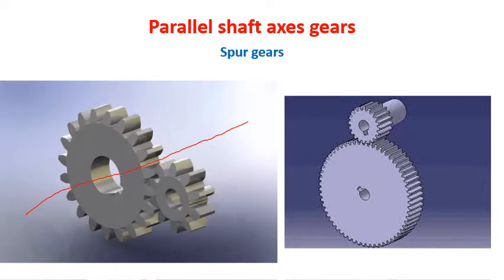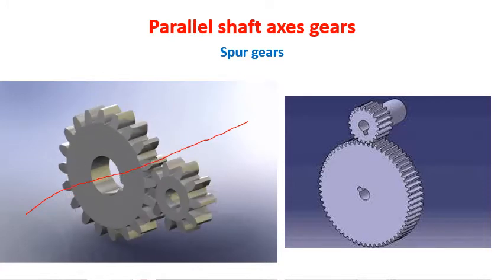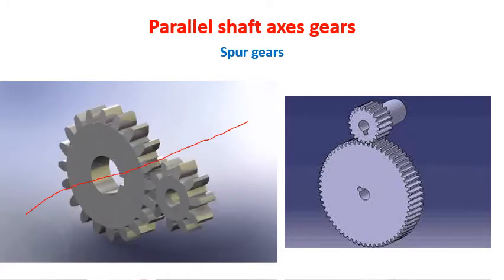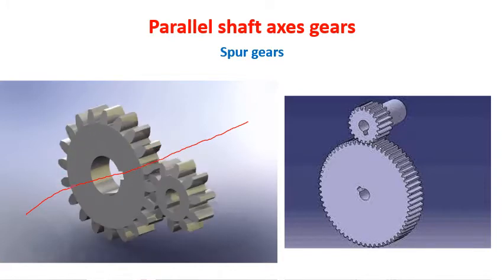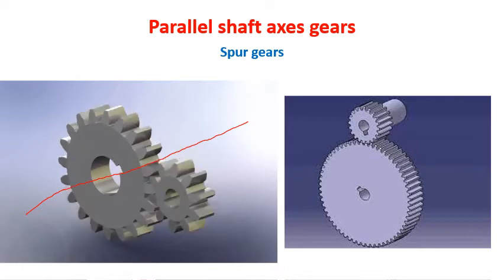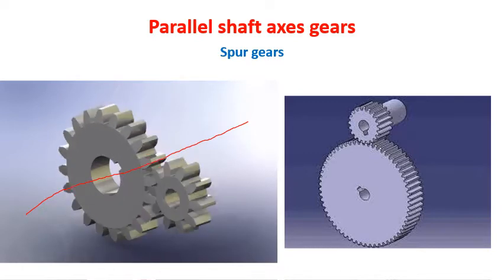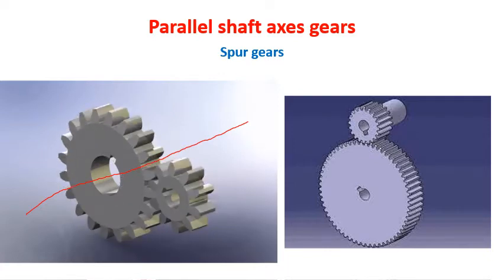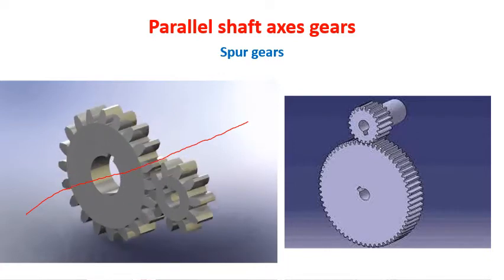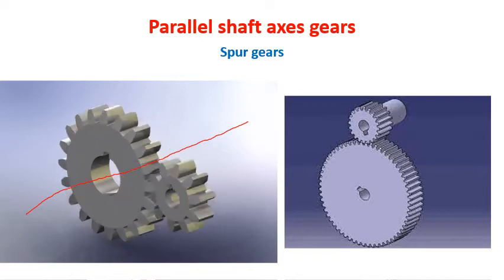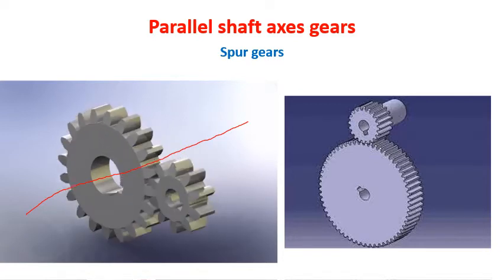The size may vary from 25 mm to several centimeters in diameter. These gears are less expensive because manufacturing is easy, and the efficiency of spur gear is high compared to other types of gear. Around 98% efficiency it is having.